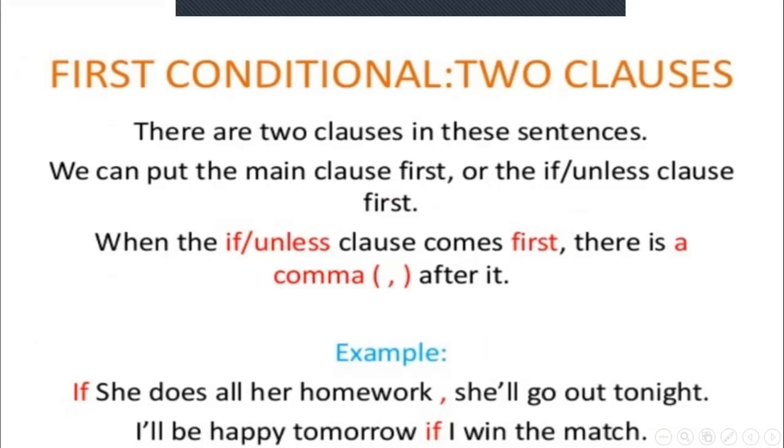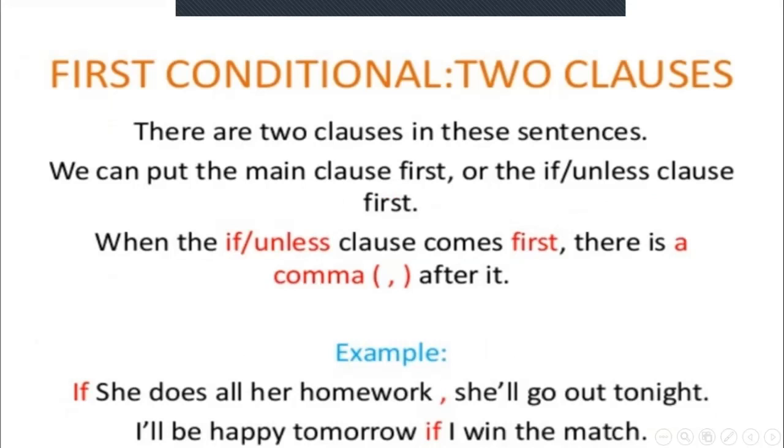There are two clauses in this sentence. We can put the main clause first, or the if or unless clause first. This means that when the if or unless clause comes first, we must use a comma after it.